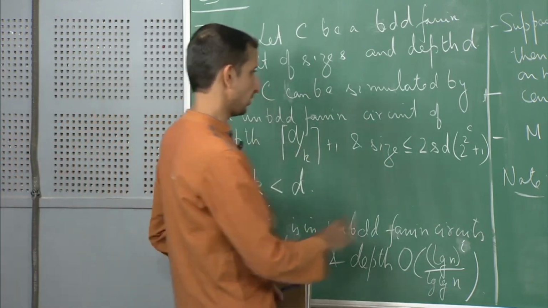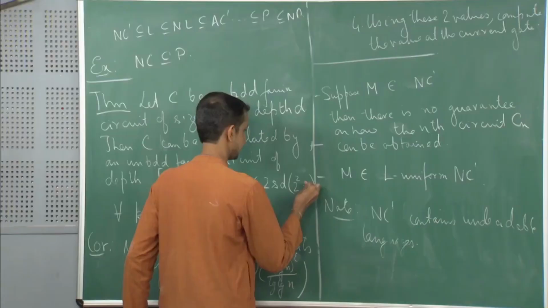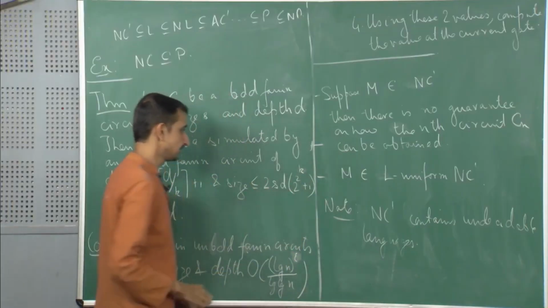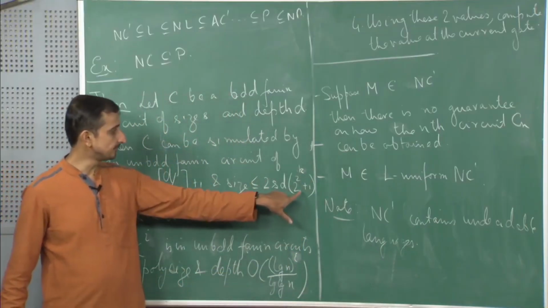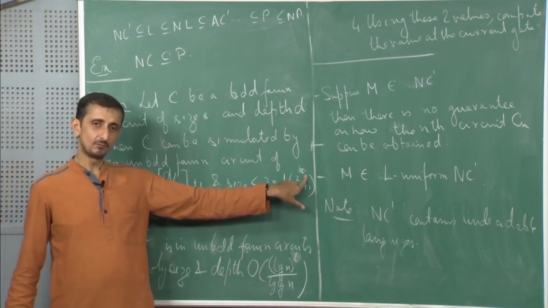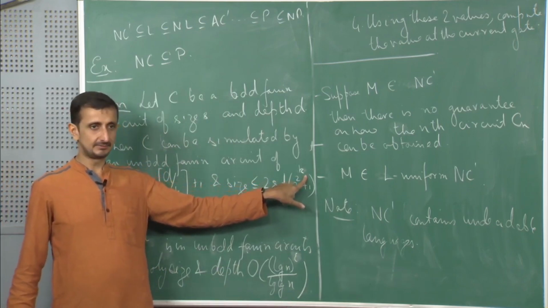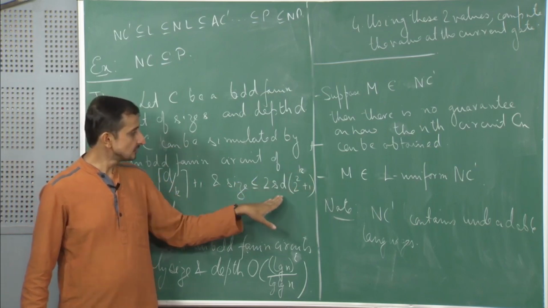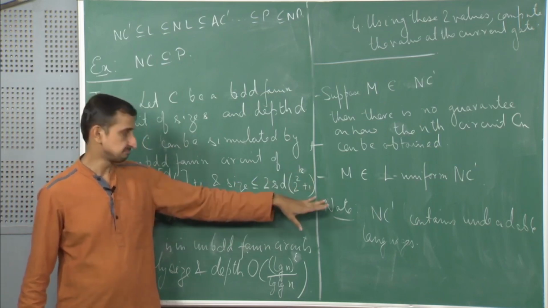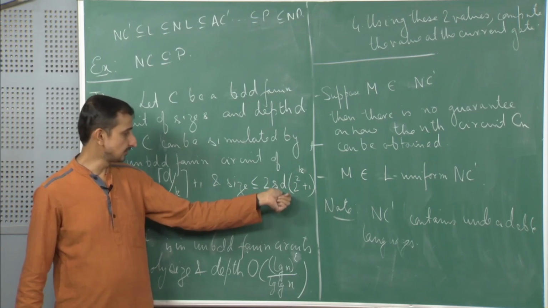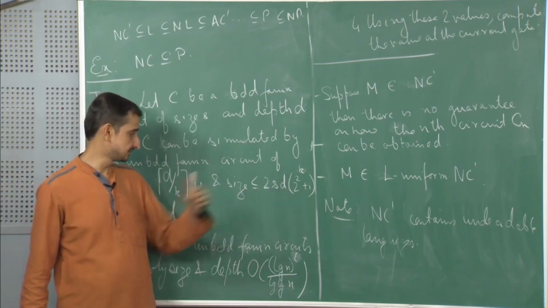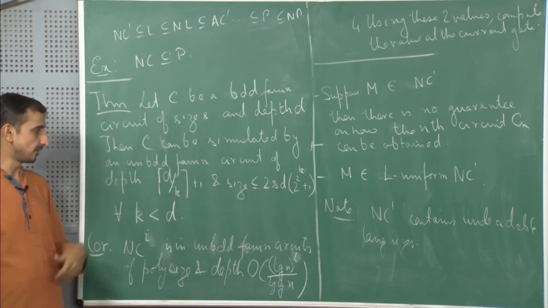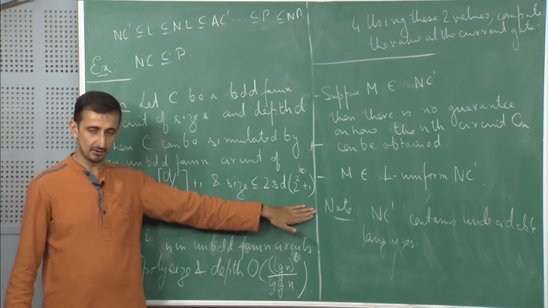If I choose k to be log n, then I have 2 to the power 2 to the power k. What is that? 2 to the power k is log n, and 2 to the power log n is n. So then I have n plus 1, S is of course polynomial, depth is bounded by a polynomial, so the size is bounded by a polynomial.